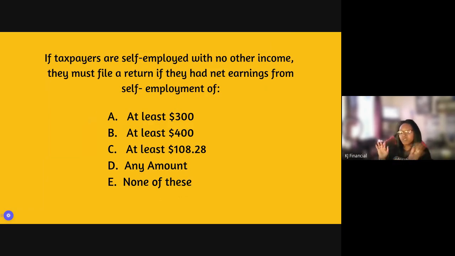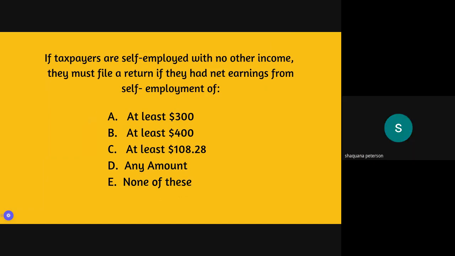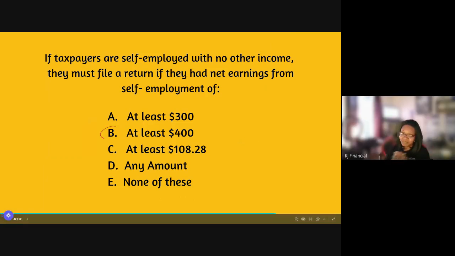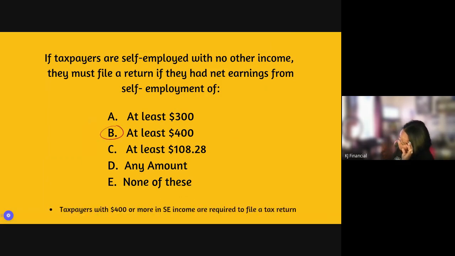And no, I didn't go over this with y'all because guess what? It's in one of y'all videos that I've already given y'all. Is it B? Ayana. Is it E? Okay. All right. Taxpayers with $400 or more in self-employed income are required to file tax returns.